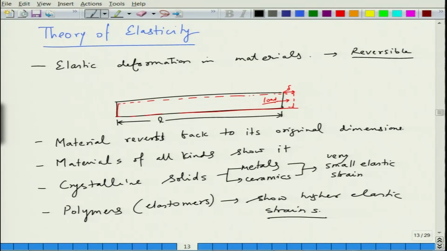Not only do they show higher elastic strains, their behavior can also be different.